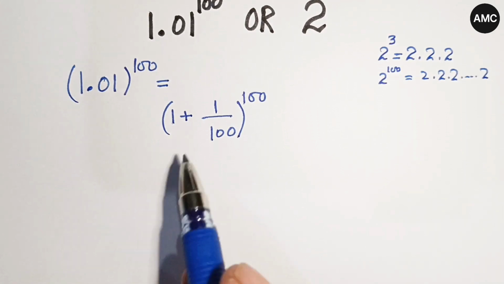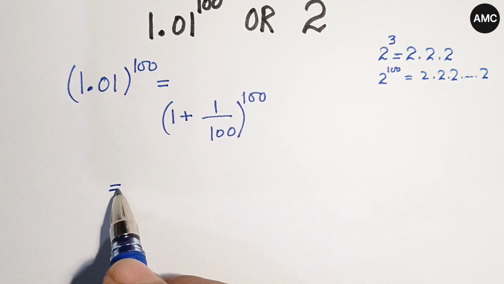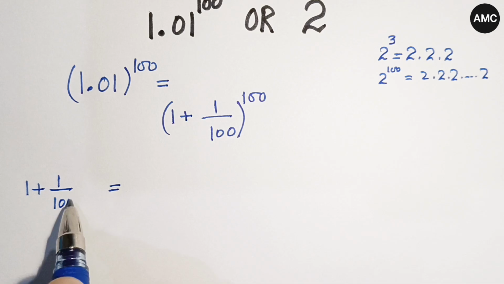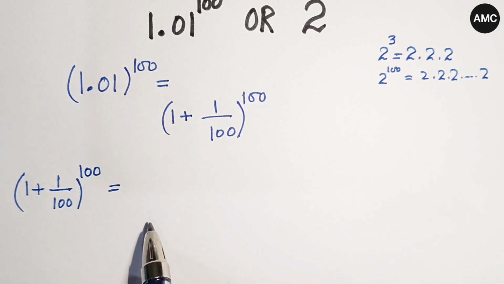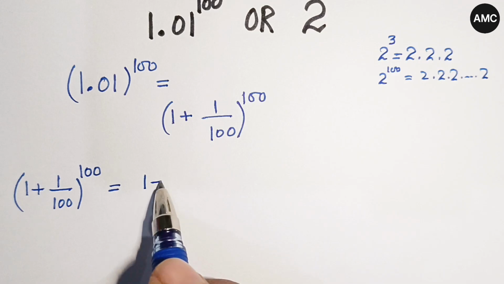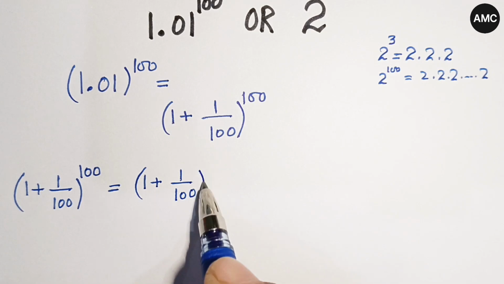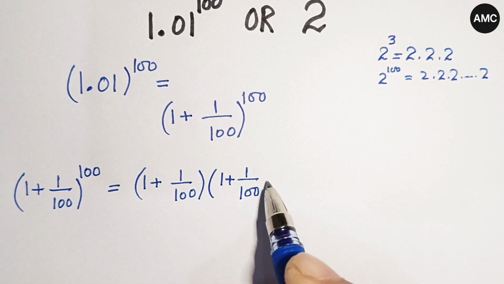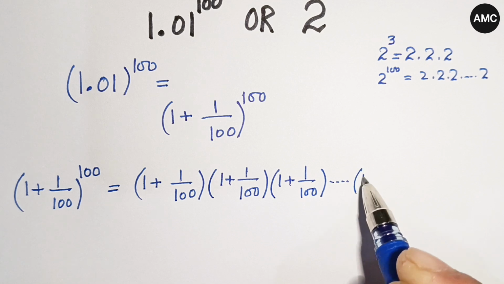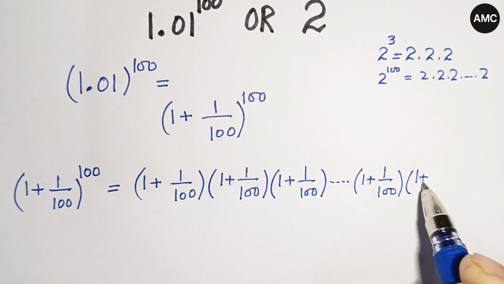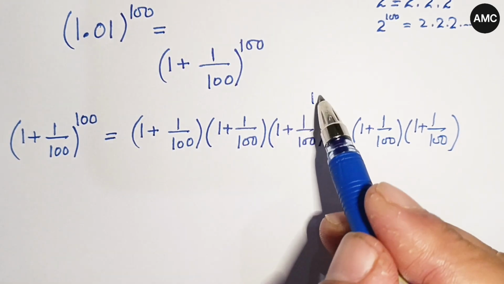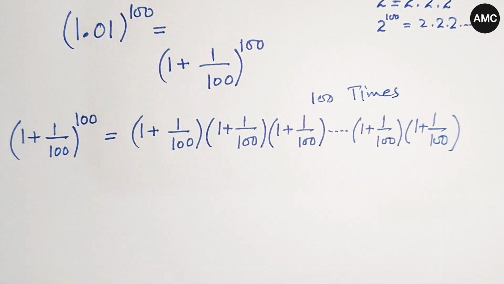Now this 1 plus 1 over 100 whole to the power 100 can be written by writing this expression 100 times, in 100 parentheses: 1 plus 1 over 100 times 1 plus 1 over 100 times 1 plus 1 over 100, similarly up to 1 plus 1 over 100 and 1 plus 1 over 100. Here we have 100 expressions.